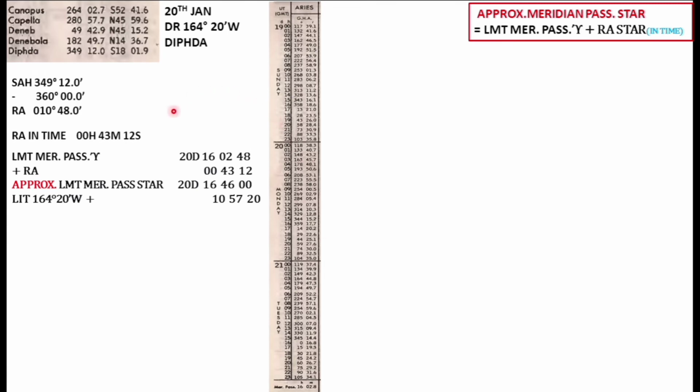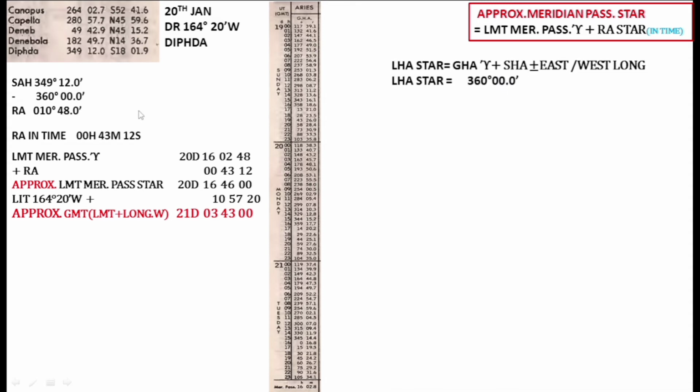So I write down the LMT meridian passage 1602 plus my RA in time, and the approximate meridian passage would be this. Then I apply the longitude and get my GMT meridian passage. As I said, this GMT meridian passage for a star is just of academic interest, because the declination we require does not change much as long as we know the dates are correct.